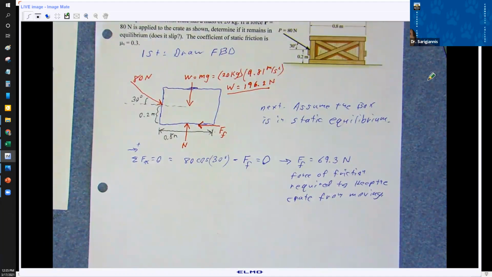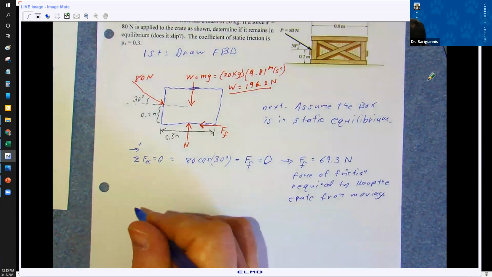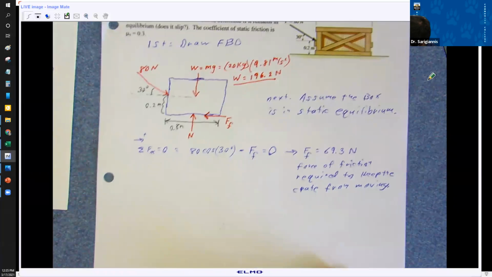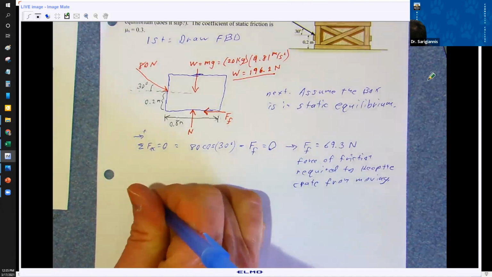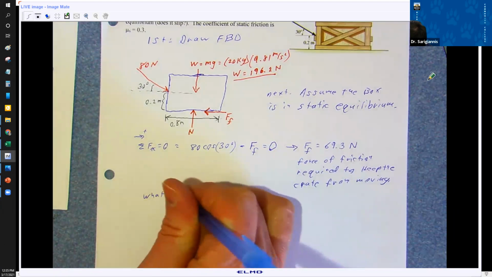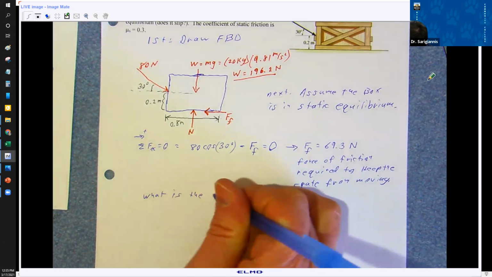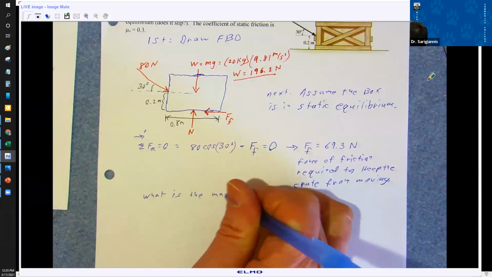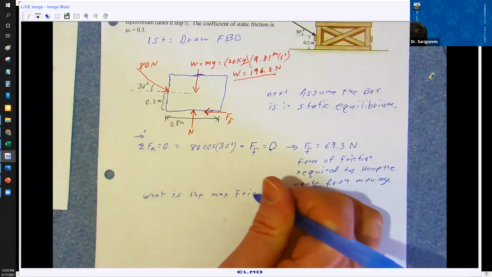Now, the next thing we're going to do is find out what the actual max force of friction is. What is the max friction?